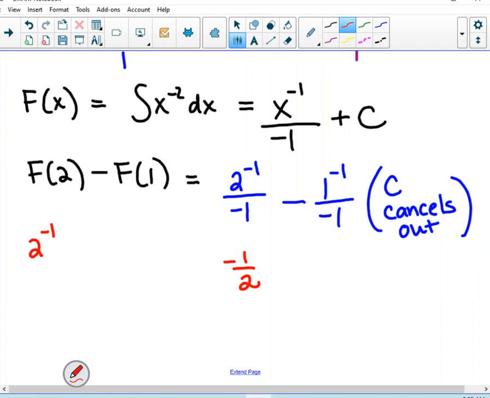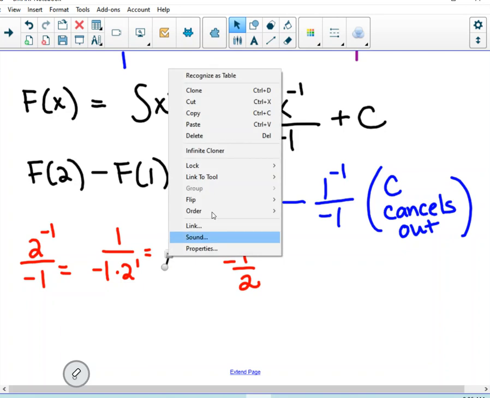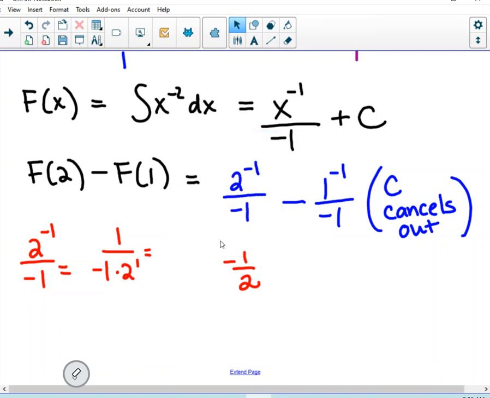Okay, so 2 to the negative 1 over negative 1 is 1 over negative 1 times 2 to the first. And 2 to the first is 2. So 1 over negative 2, or negative 1/2, or negative 0.5. There we go.